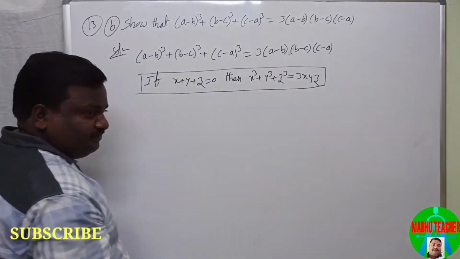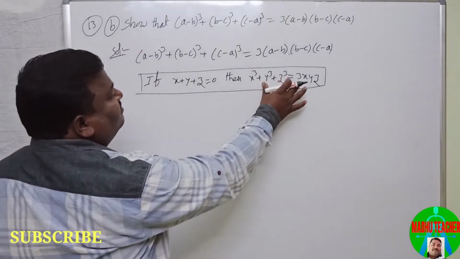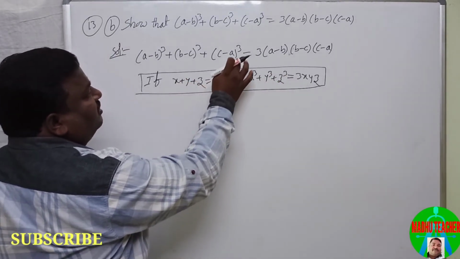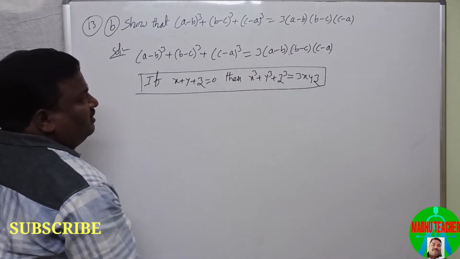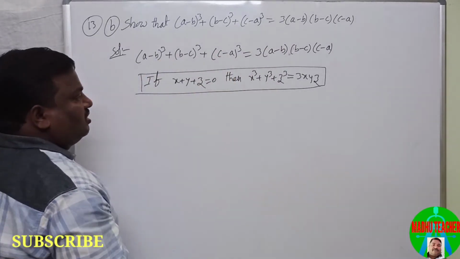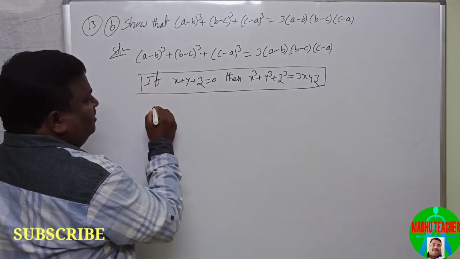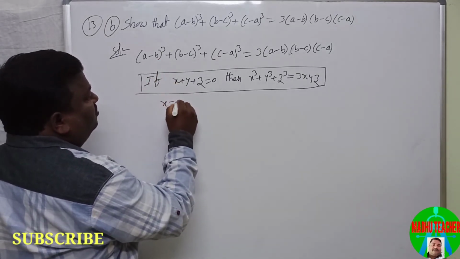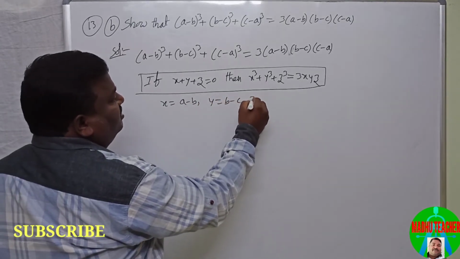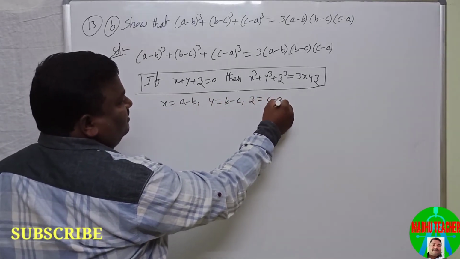It is possible only if x plus y plus z equal to 0. Let us show whether this sum is equal to 0 or not. Here x equal to a minus b, y equal to b minus c, and z equal to c minus a.